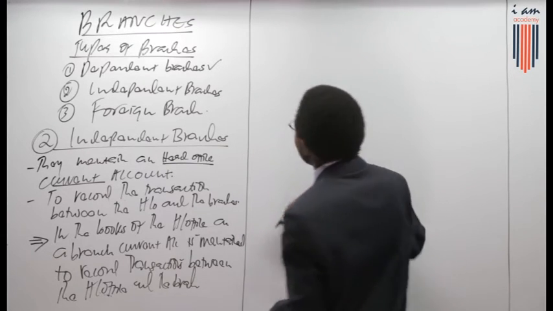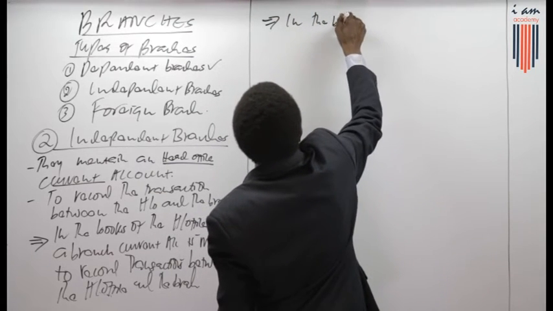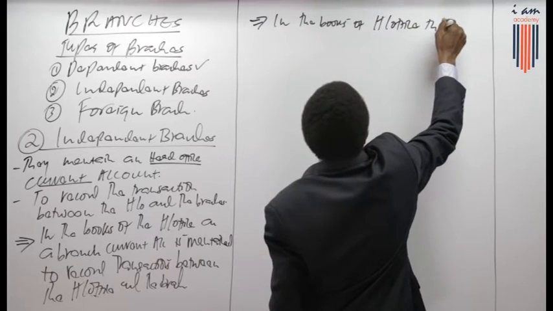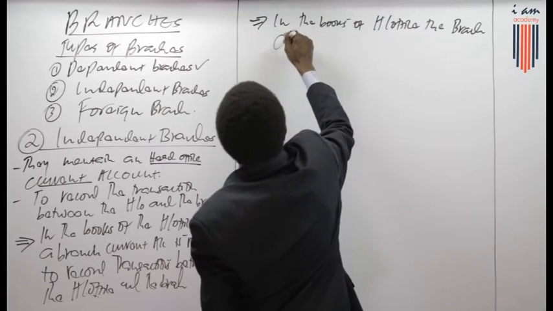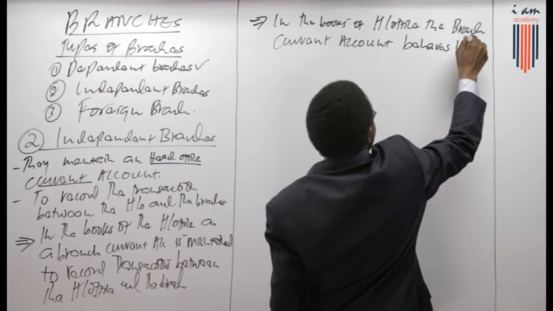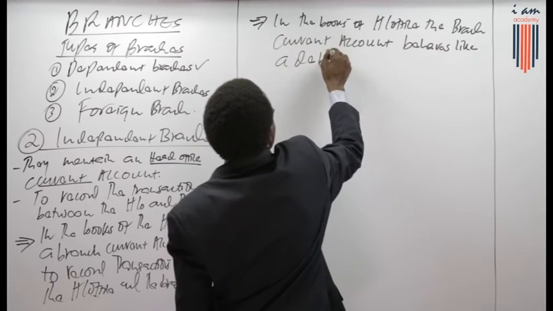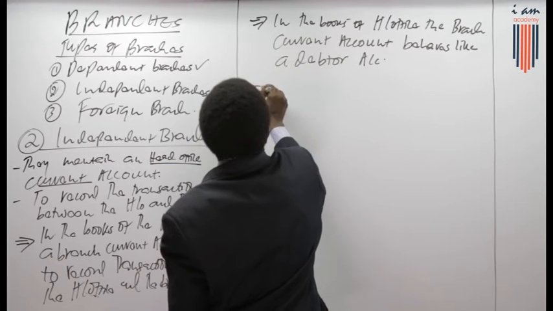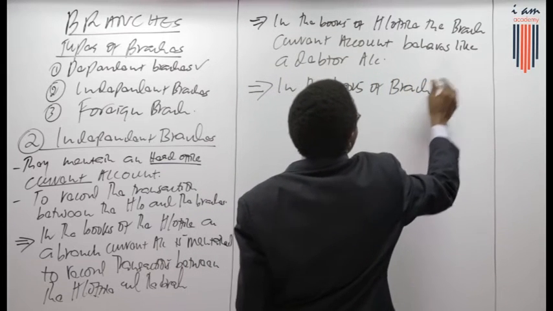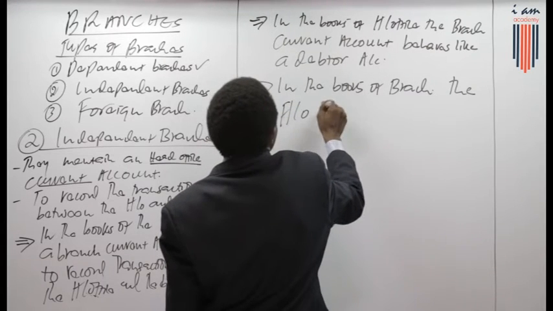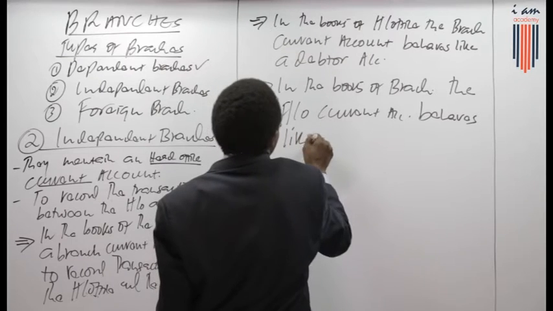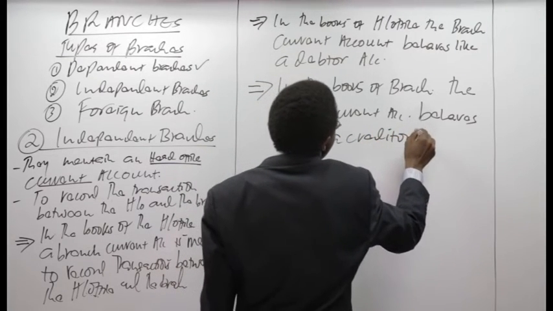We say that in the books of the head office, the branch current account behaves like a debtor account, while in the books of the branch, the head office current account behaves like a creditor account.